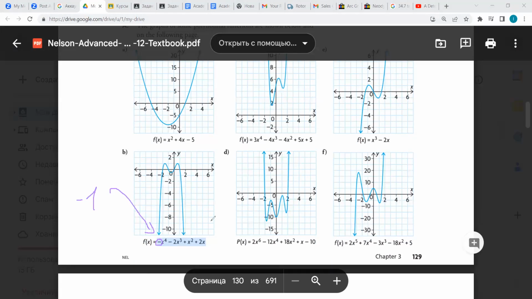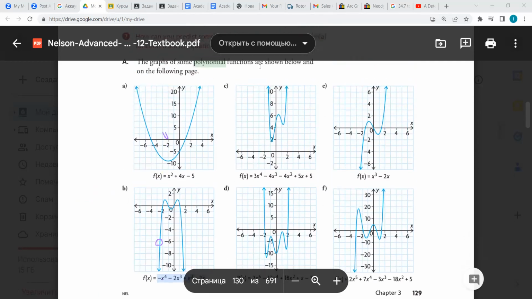And what it gives us, if we have a negative constant multiple, like -1 or -2, doesn't matter, the polynomial function would face downwards, so open downwards. Meanwhile, on the other hand, if we have a positive leading coefficient, like in example number A, we can see that the function will open up. It will go upwards. This is one of the characteristics that we can predict based on the information we observe in the polynomial equation.